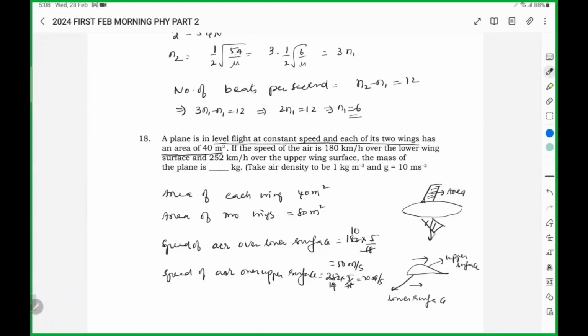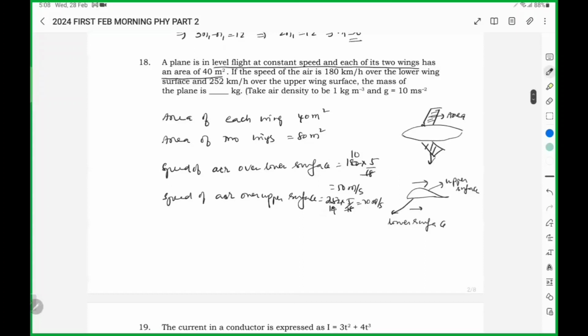Let us apply Bernoulli's theorem. P plus half rho v square plus rho g h is constant.